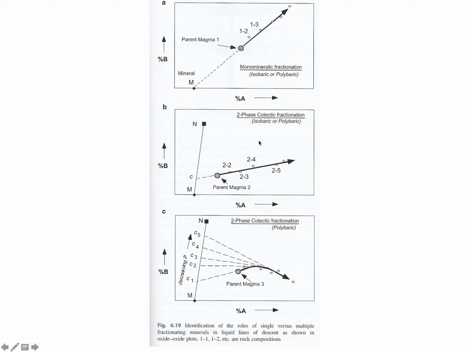Now we have a two-phase cotectic fractionation, also isobaric or polybaric. Here we have the mineral M and parental magma 2, and here we have the fractionation trend.